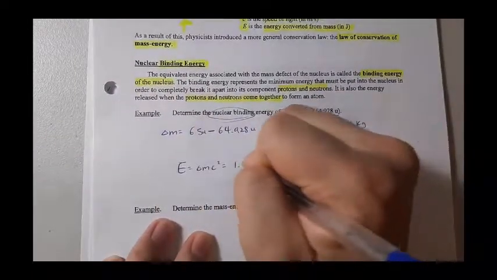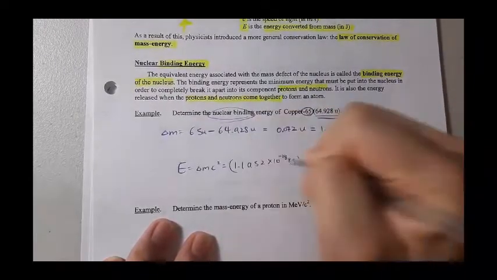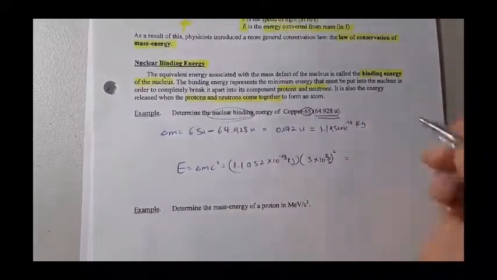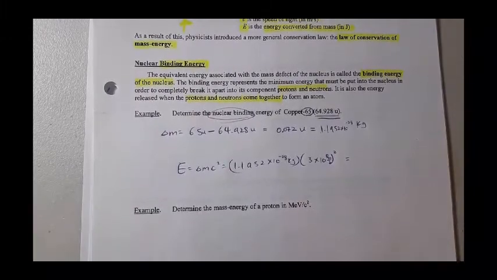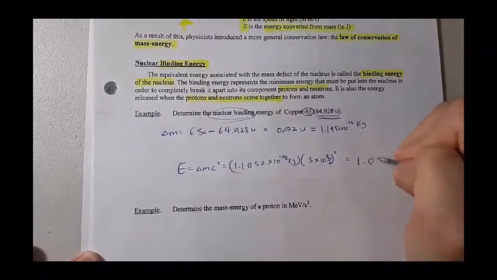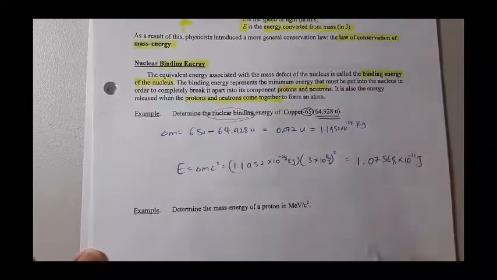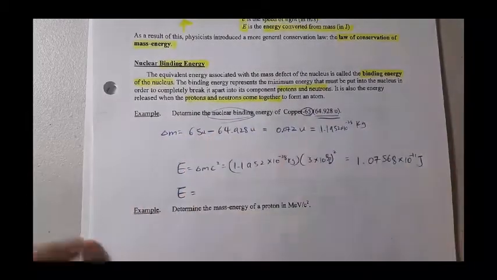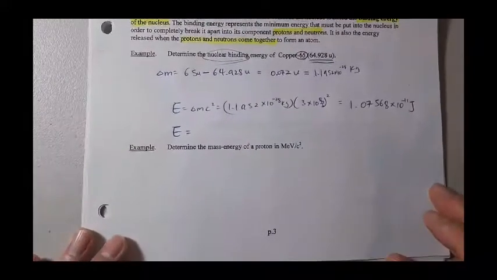So it gives you 1.07568 times 10 to the power of negative 11 joule, which, as you may notice, if you think about energy in this unit, joule, it's gonna make your life nuts because the value is very, very small.